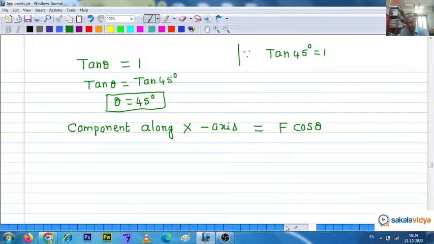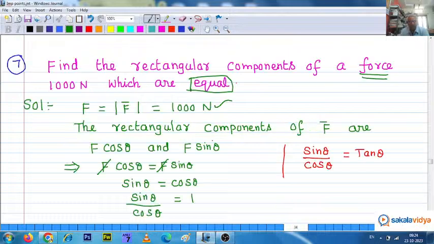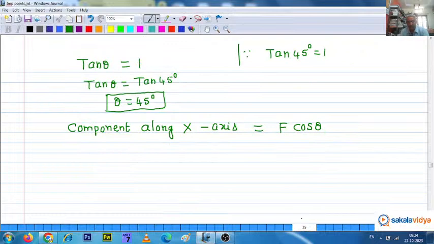So go back, what is F? F is equal to 1000 newtons. So this equals 1000 cos of theta, theta is 45 degrees.